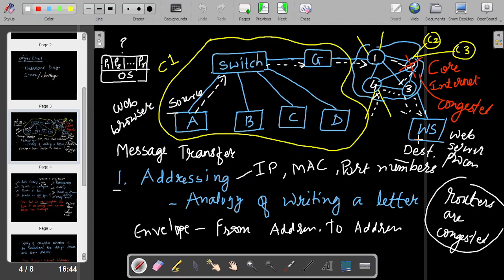So how to support group communication, how to implement it, is also an issue or a challenge. It is not the same as unicasting. Unicasting means one source, one destination. This is multicasting, one source and many destinations. Multicasting or group communication is to be dealt with differently than unicast communication.